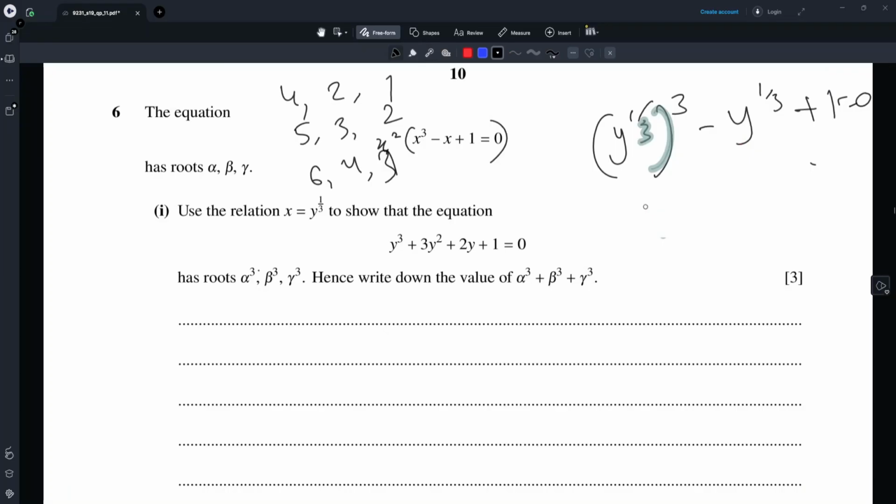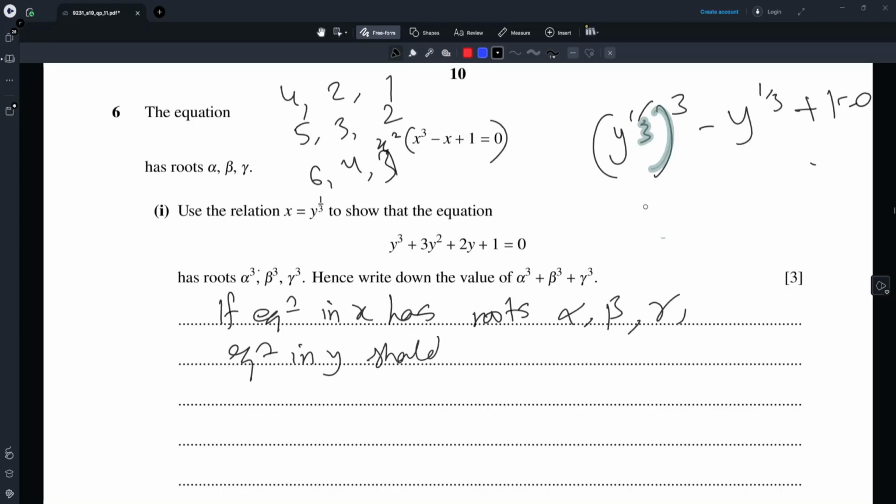So at first I would like to imply a statement here that according to this part, if the equation in x has roots alpha, beta, and gamma, then the equation in y should have roots alpha cube, beta cube, gamma cube.